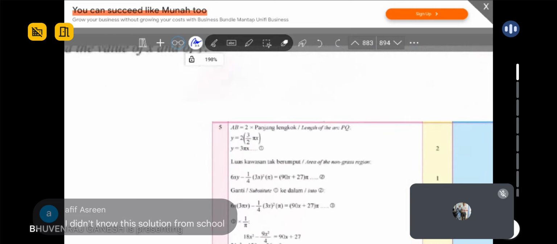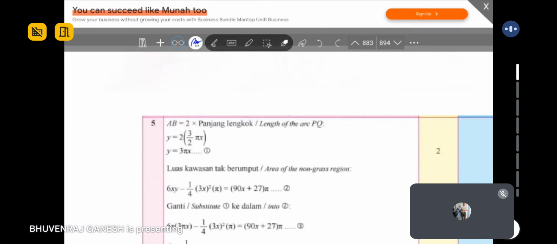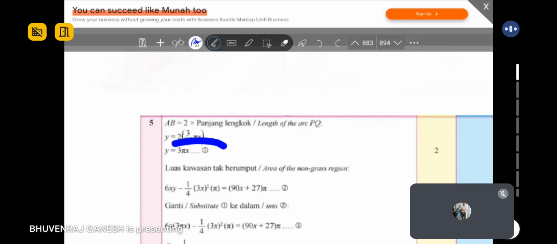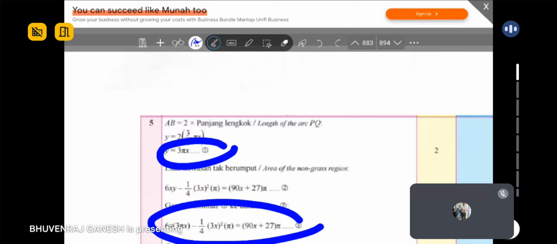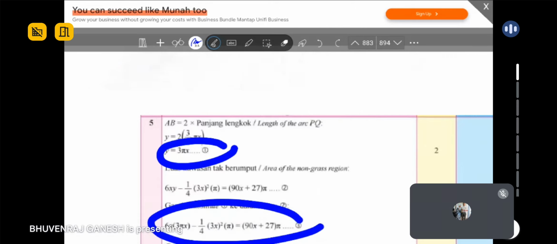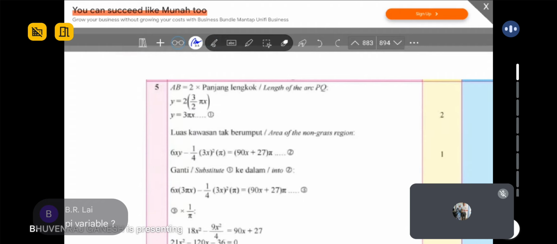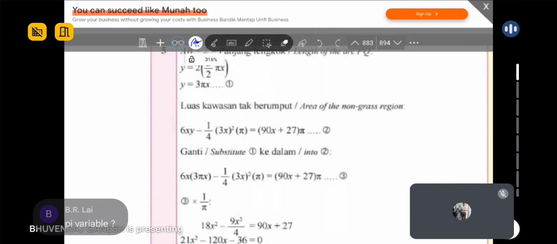2 persamaan. Okay, so now you already have the 2 equations. 2 persamaan ni. So you just substitute. Okay, this equation you substitute inside here. Gantikan kat sini. I didn't know this solution from school. Which solution? This question is it? Okay, so you just substitute, then you solve the equation only.